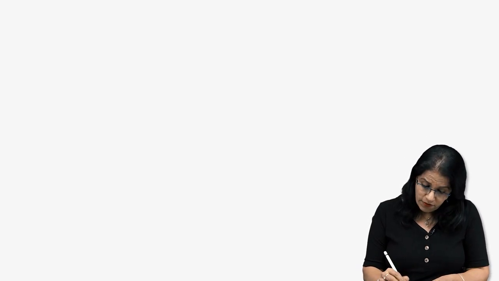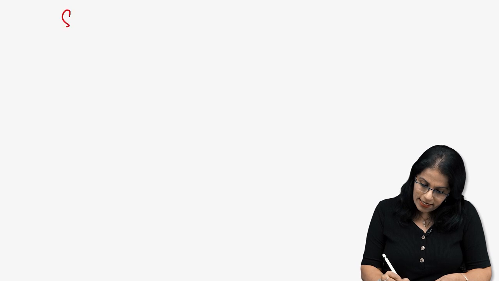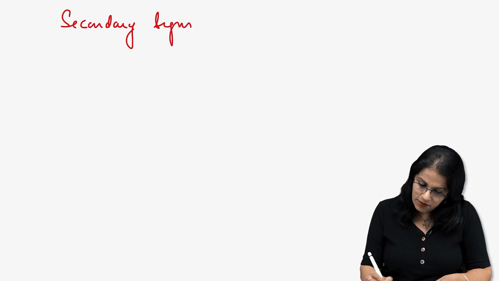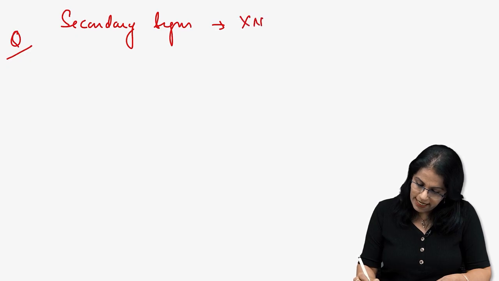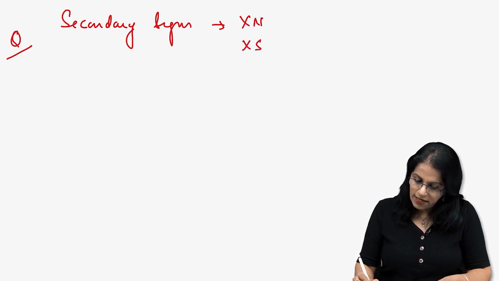So, very easy. What do you mean by that? Primary means it's only seen in xerophthalmia or vitamin A deficiency. Secondary means you can see this feature in other causes as well, other conditions as well. So, secondary signs are easy to learn as XN, XS and XF.